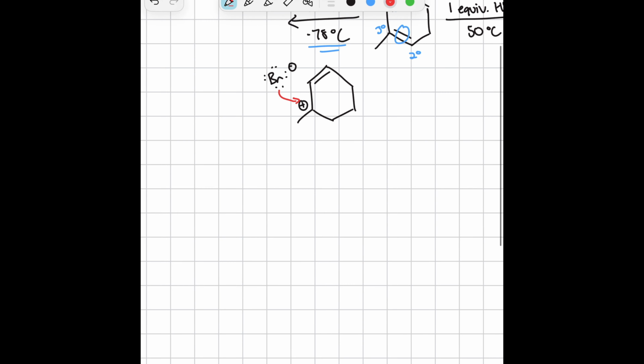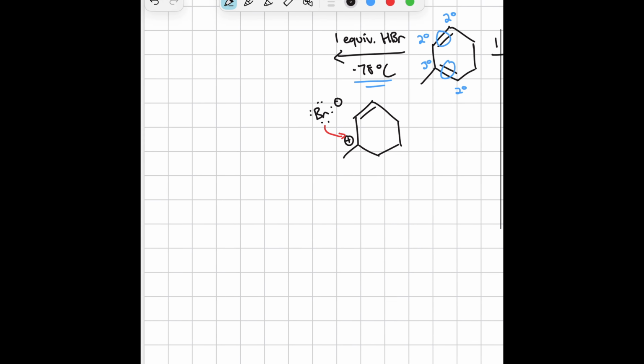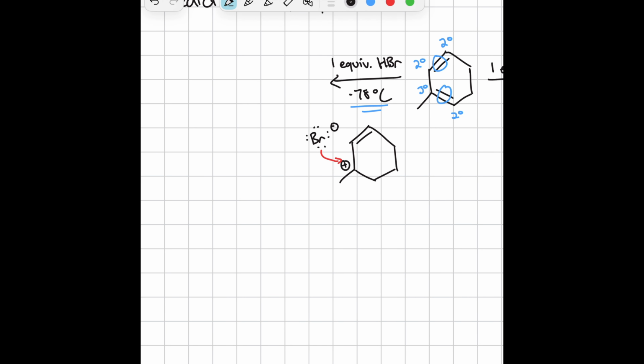And since it's going by way of a carbocation, which is sp2, trigonal planar, flat, right? So this could attack from the top or the bottom. So we can have two major products.